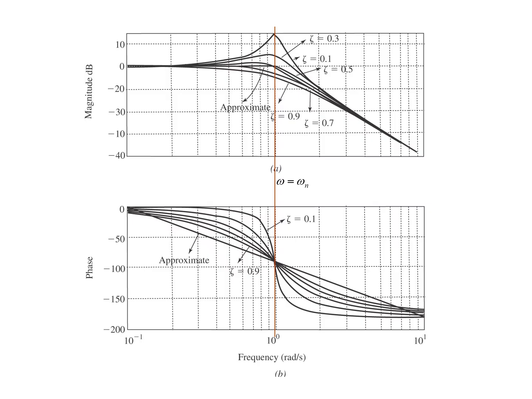Also we see the phase angle will reduce by increasing the damping ratio. This is the effect of damping ratio on the magnitude and phase angle.